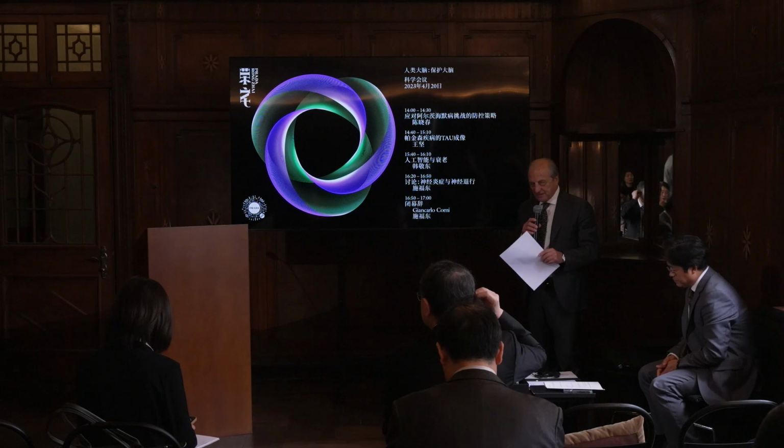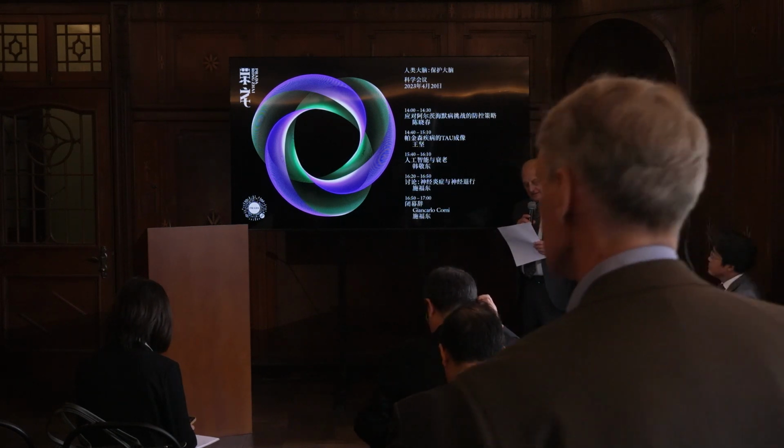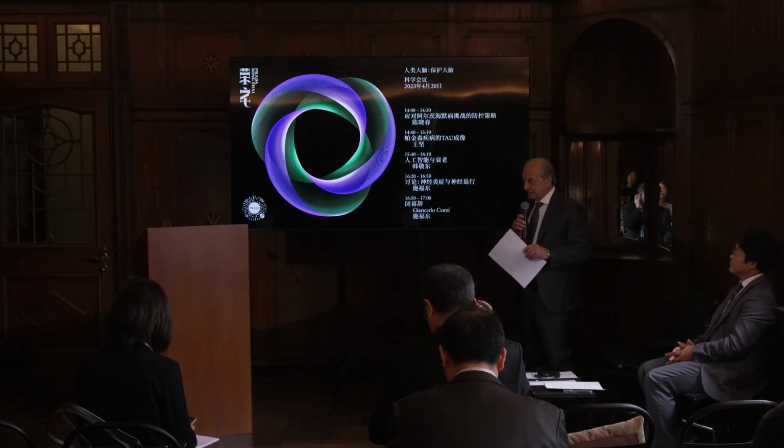And we start with a very attractive topic now, that is artificial intelligence and a bit understanding dementia in some way. So we have the privilege to have with us Professor Jing-Dong Jackie Han.